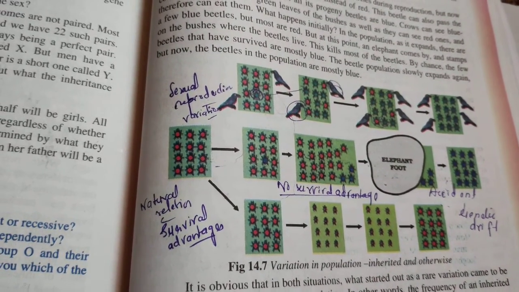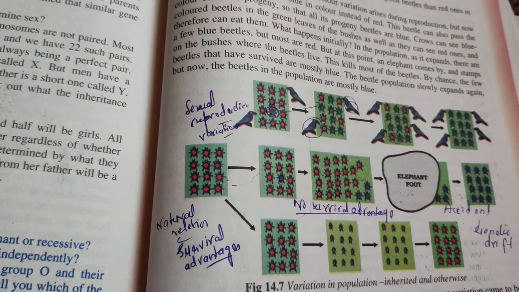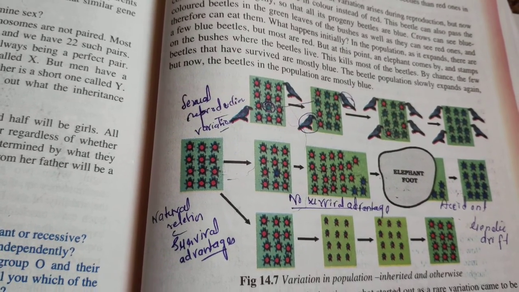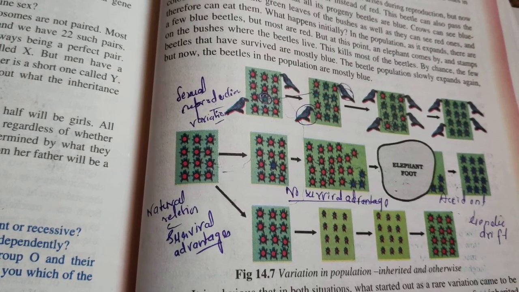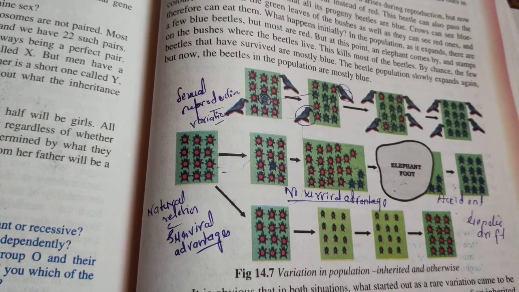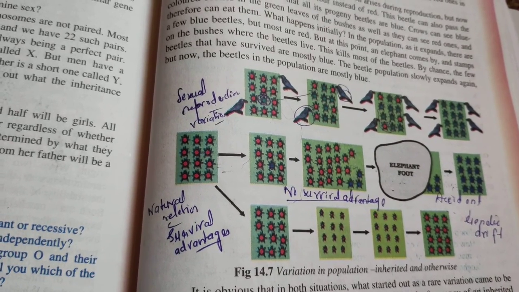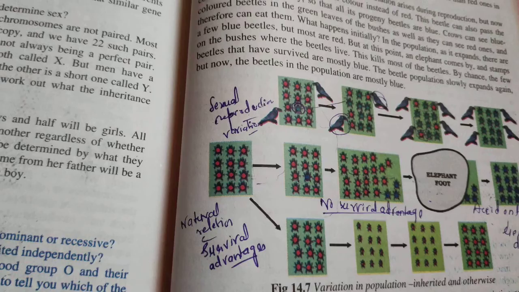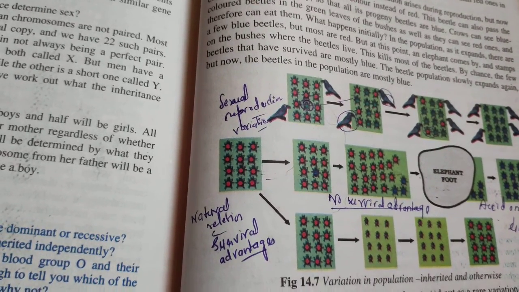Genetic drift is variation in the relative frequency of different genotypes in a small population owing to the chance disappearance of particular genes as individuals die or do not reproduce. This is genetic drift and natural selection.